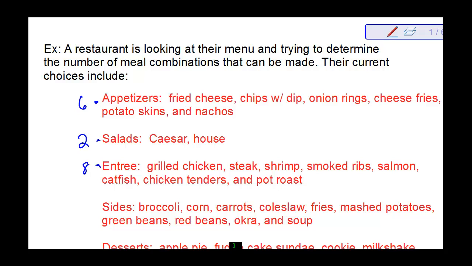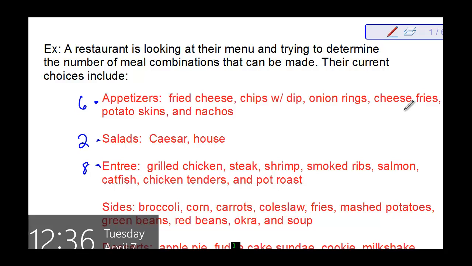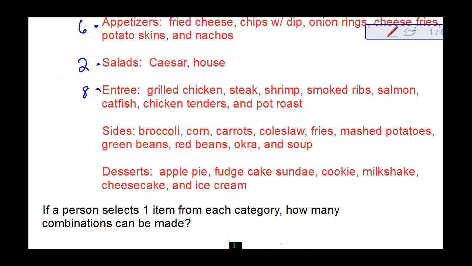For your sides, you have the possibilities of broccoli, corn, carrots, coleslaw, fries, mashed potatoes, green beans, red beans, okra, and soup. So there's actually 10 different possible sides.